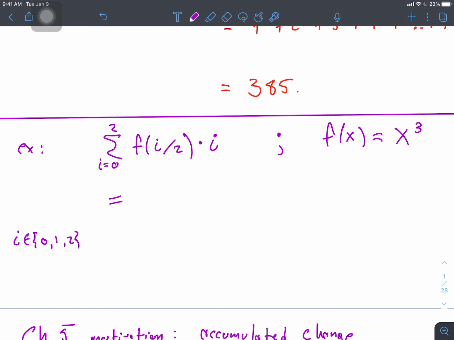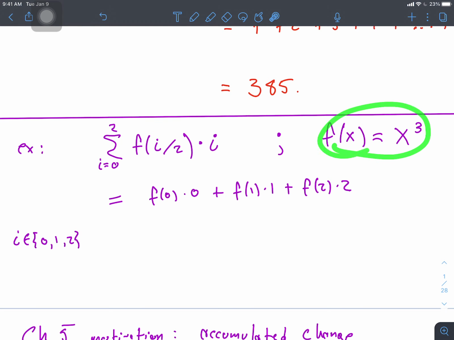So when I plug in 0, I'm gonna get f of 0 times 0, plus f of 1 times 1, plus f of 2 times 2. So all I'm doing is taking 0, 1, and 2, plugging them into the rule, and adding up. In this particular case, since I know what f of x is, I'm gonna go ahead and plug in.